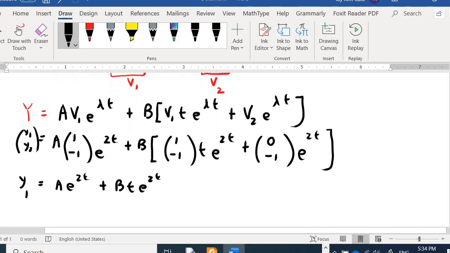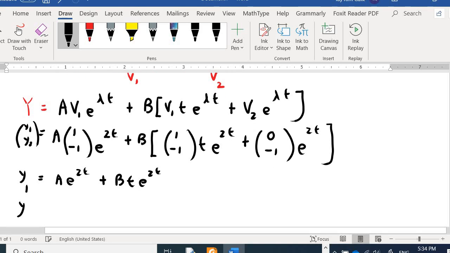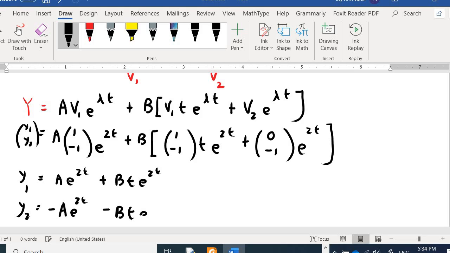For y2, take the second row. y2, negative 1 times a times exponent 2t, so negative a exponent 2t. And then second row here, so negative b t exponent 2t. So negative b t exponent 2t, and negative exponent 2t. So this is y1 and y2.